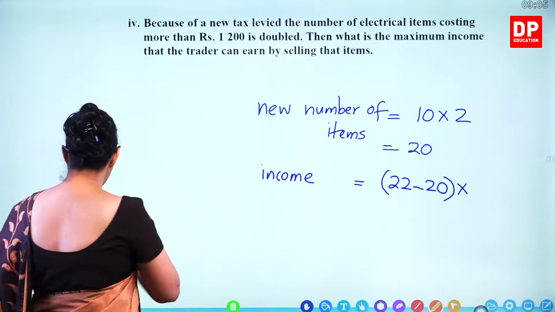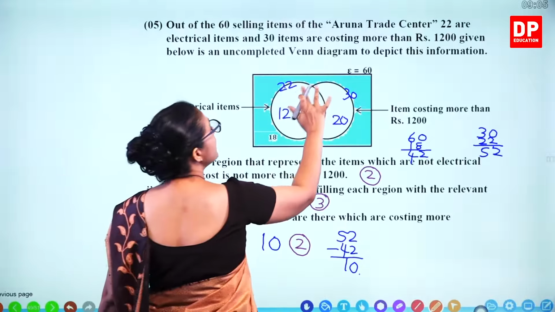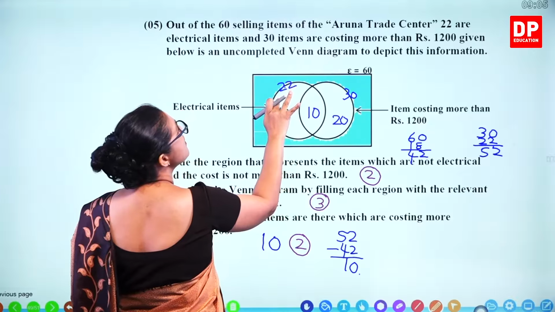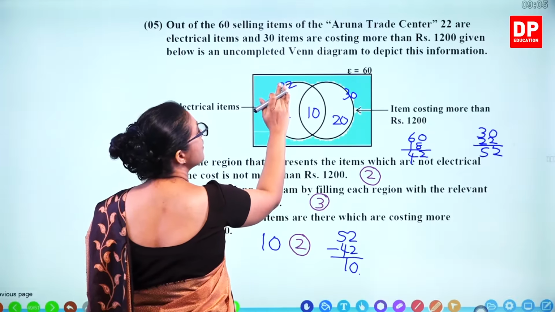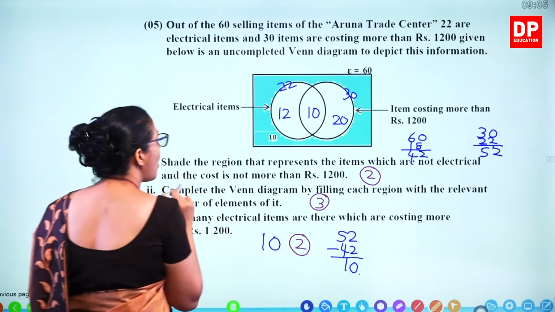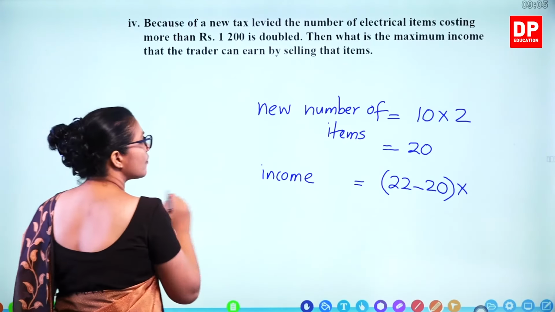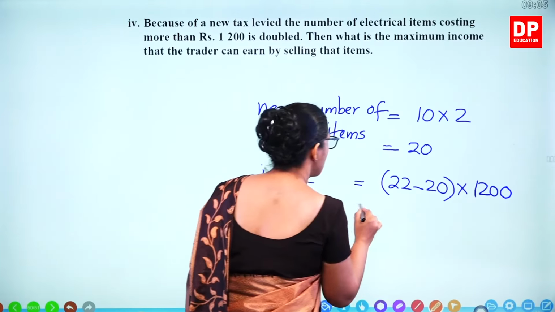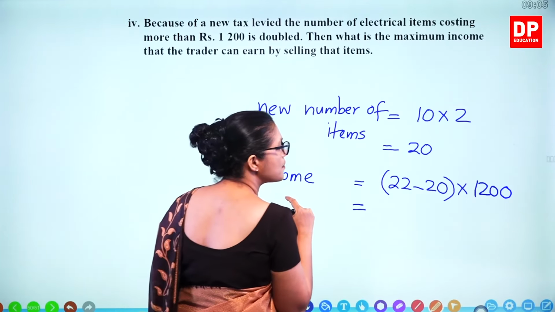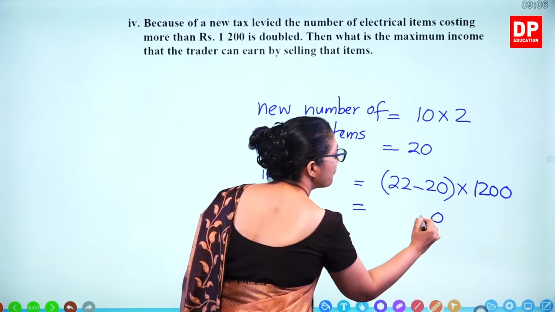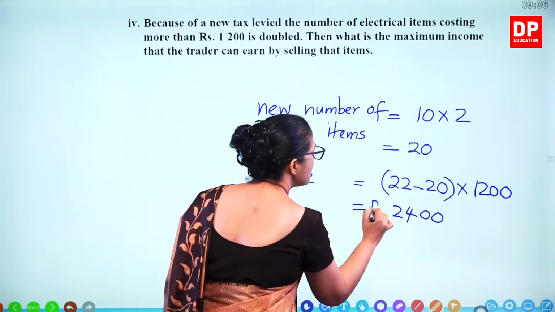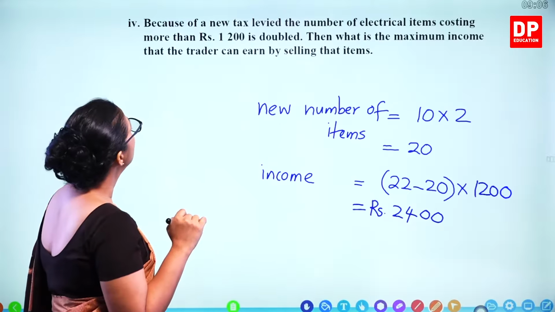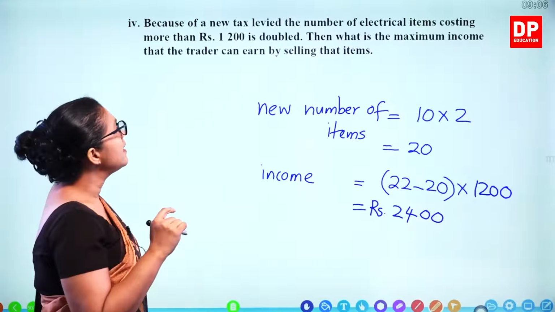The other part is more than 1200 and this is exactly 1200. So we can find out this multiplied by 1200. 2 times 1200, 2400. So that's the income he can earn by selling that item.